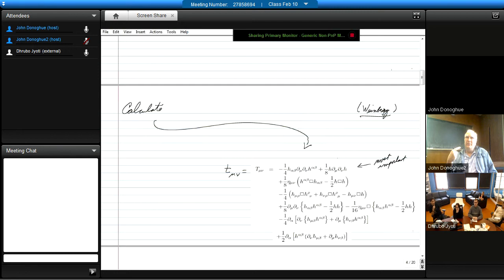You should pay attention mostly to this guy. Okay. The top line is the stuff that survives most things. You take a look at the second line. The second line involves the derivative on h, but that for a plane wave graviton is going to give 0 since it's the equations of motion. So that guy vanishes, that guy vanishes. These guys here are all total derivatives. So if I take forward matrix elements, they don't contribute anything.